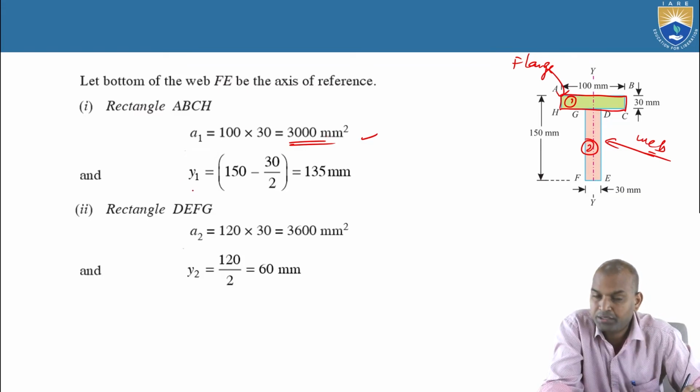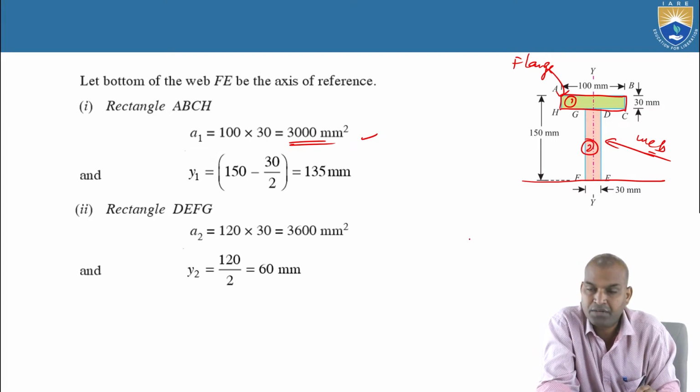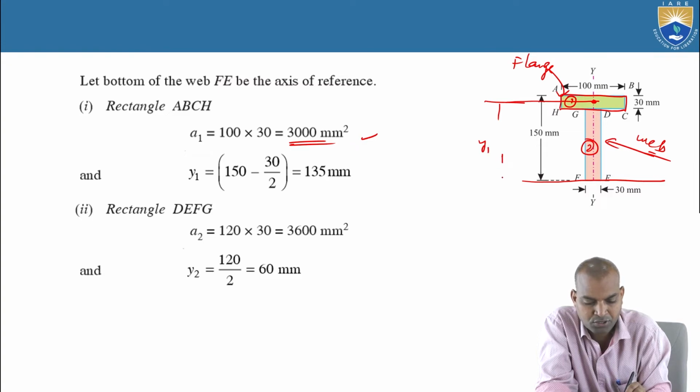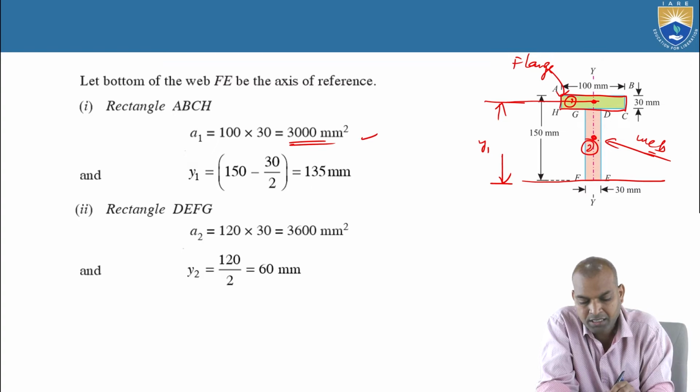What about Y1? F is considered as the reference axis. This is the centroid of section 1. Y1 is the distance from the centroid of section 1 to the reference axis, and Y2 is the distance from the centroid of section 2 to the reference axis.